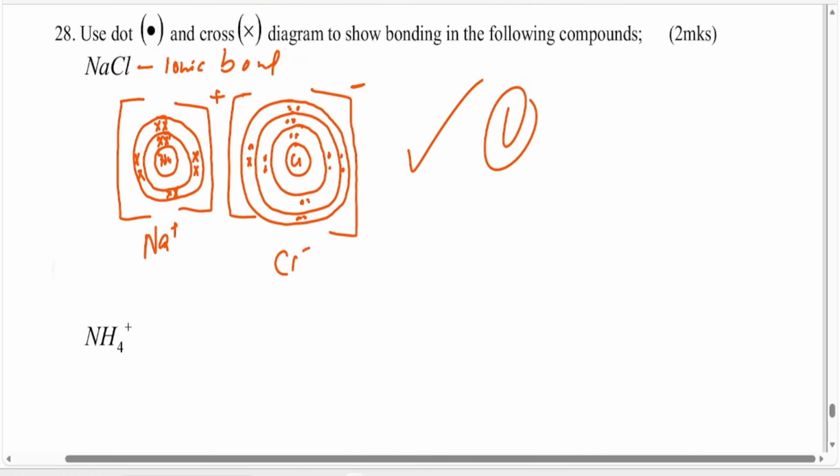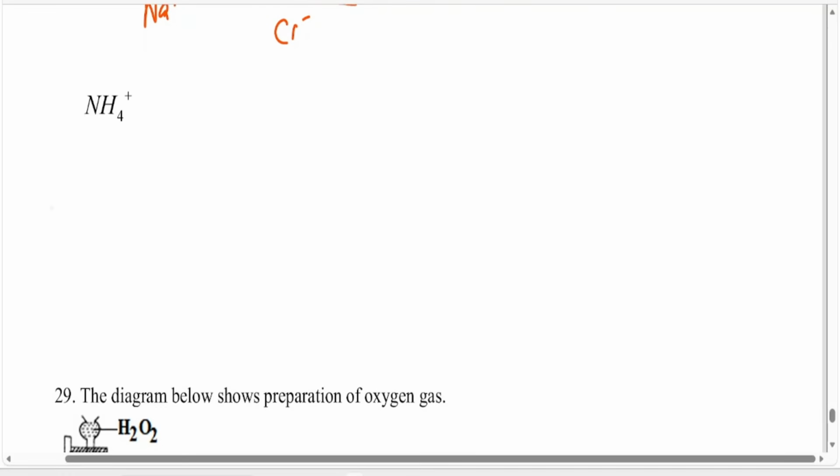For the ammonium ion, as you can see, it has a type of bond that we call a dative bond, where the electrons go from one of the ions to the other. The electrons that bond nitrogen to one of the hydrogens are datively bonded, because nitrogen fully contributes the shared pair of electrons.